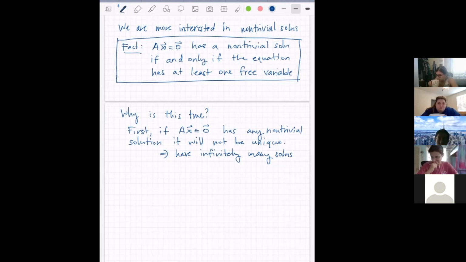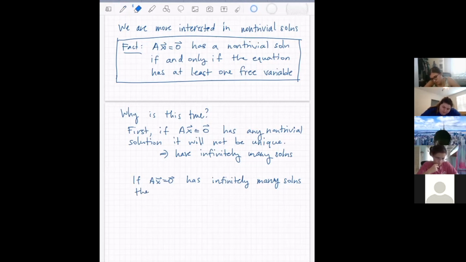Now thinking about this again, this fact: if this system, sorry, I guess matrix equation, but if this system has infinitely many solutions, then the equation has to have at least one free variable. Or is that how I want to say this?